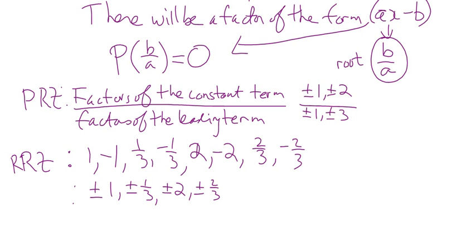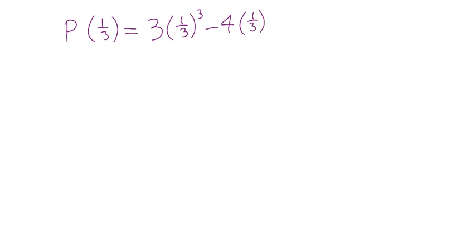Okay, so these are the possible rational zeros, right? And we try those. We're going to evaluate p of 1/3, which is equal to 3x cubed, so 3 times 1/3 cubed, minus 4 times 1/3 squared, minus 5 times 1/3, plus 2.